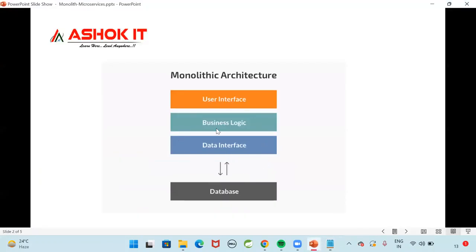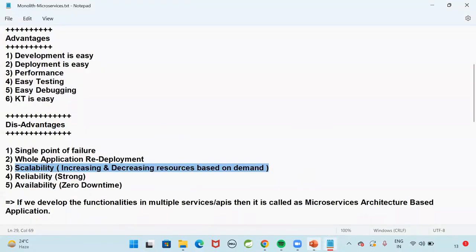Then you need to increase the number of servers to run your application. When the load is increasing, your infrastructure should be increased. When the load is decreased, your infrastructure should be decreased. Scalability of the application is one of the biggest challenging tasks in the monolith.